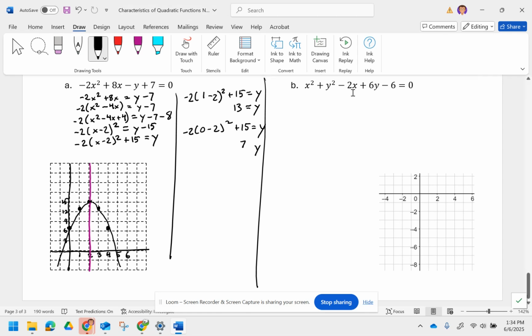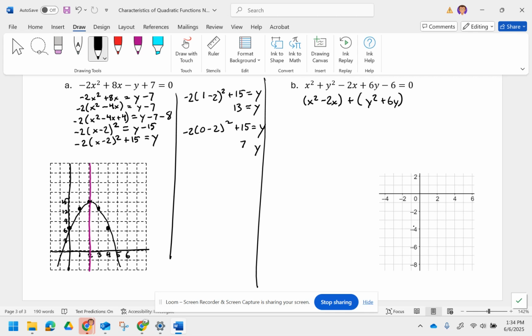Now here I do have a y squared. So what we're going to do is generate two separate completing the square problems. First, with my x's, so an x squared minus 2x. And then with my y's, so a y squared plus a 6y.